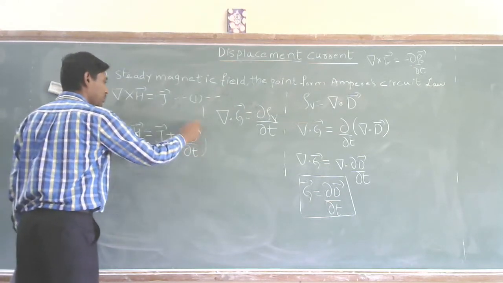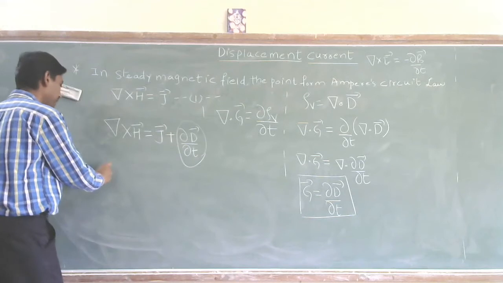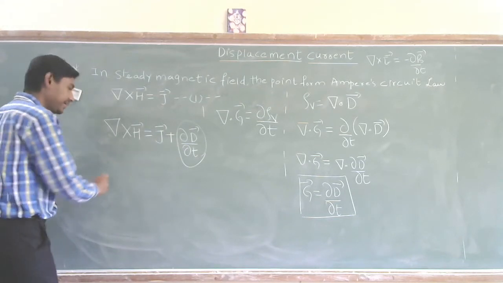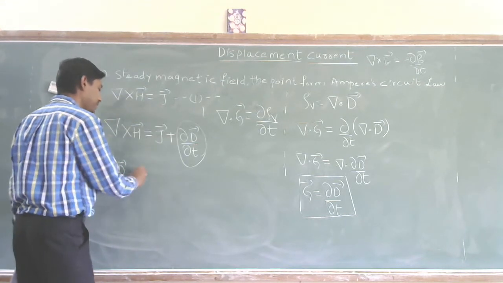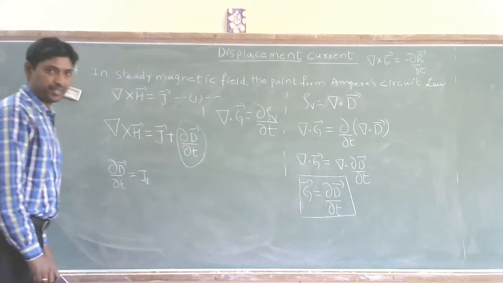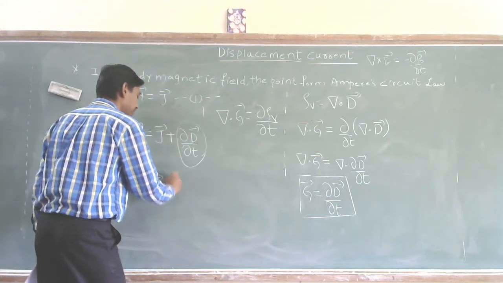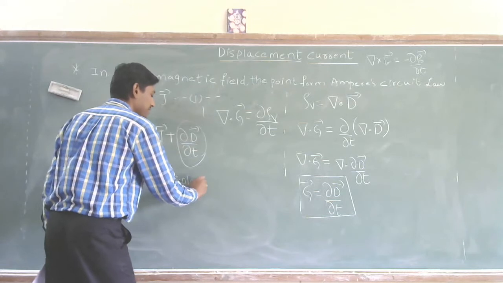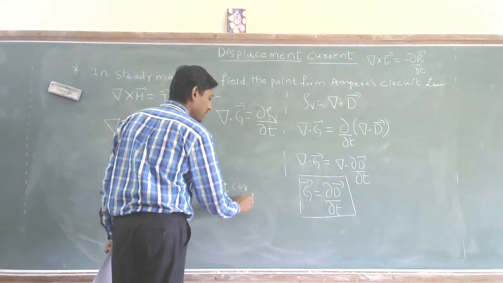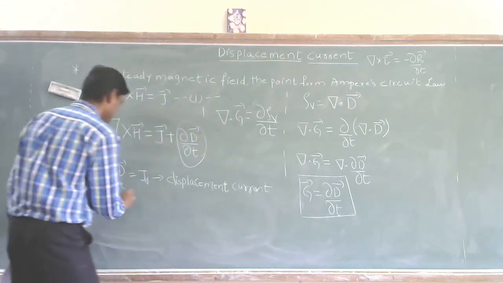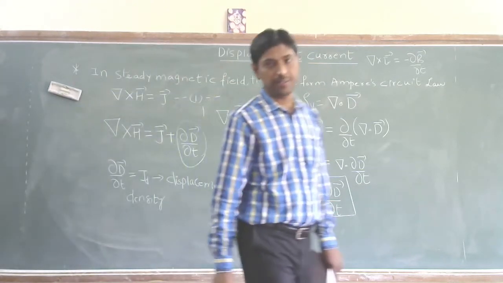And this term, ∂D/∂t, is given the name by Maxwell as a displacement current density. It is denoted by JD, and it's given the name displacement current density.